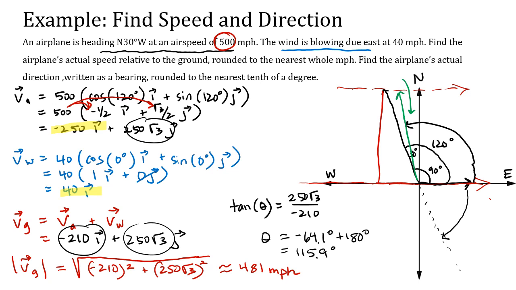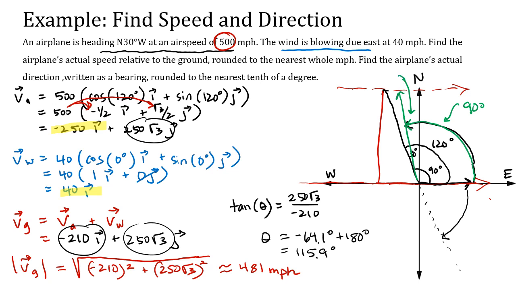So how do I figure out what that angle measure is right there? I think if I take 115 degrees and I subtract out the 90 degrees that is this first quadrant, that should give it to me, right? If this whole thing here is 115.9 degrees, then if I subtract out 90, that's going to leave me just with the bearing.